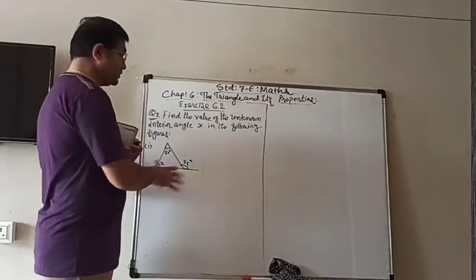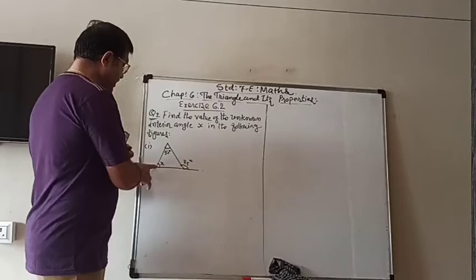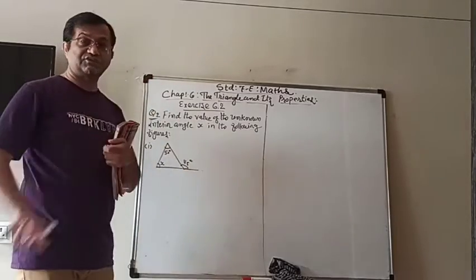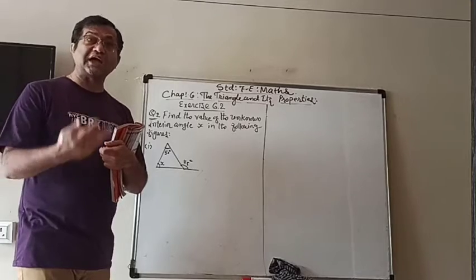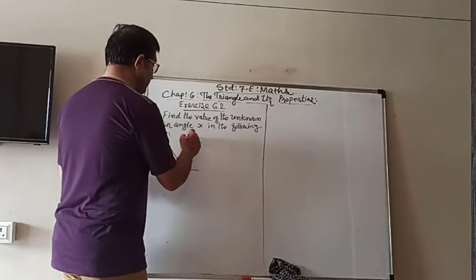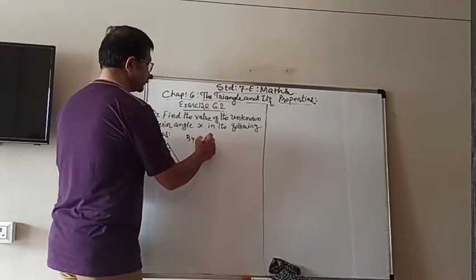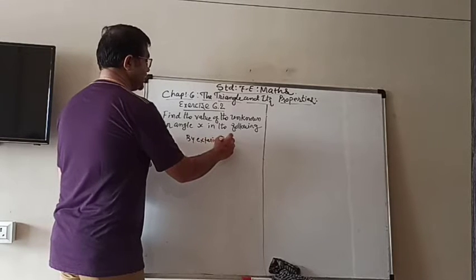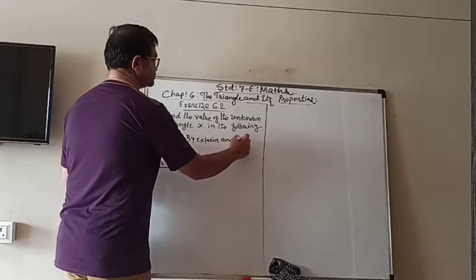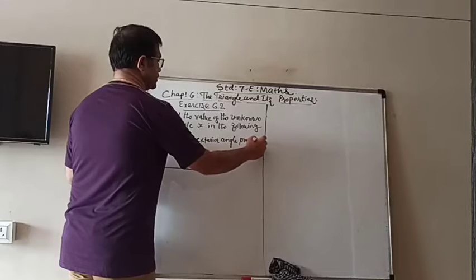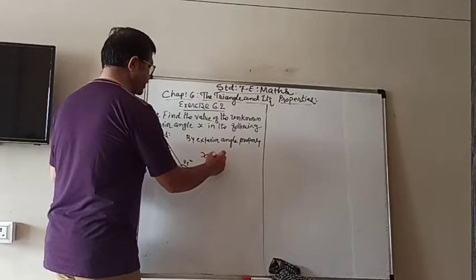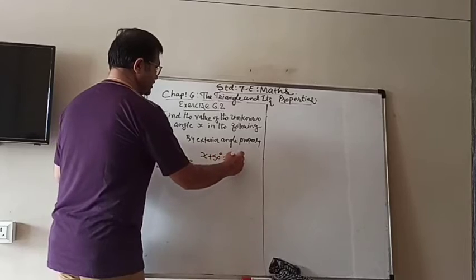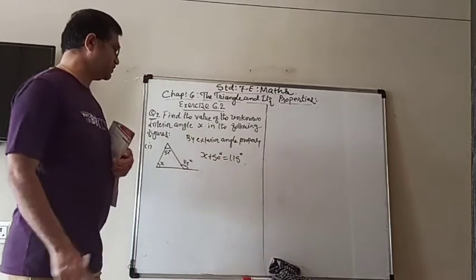They will do the same question first. X is equal to 50 plus 150. But here you can see that 115 is the exterior angle. So now by exterior angle property, x plus 50 degree is equal to 115 degree.